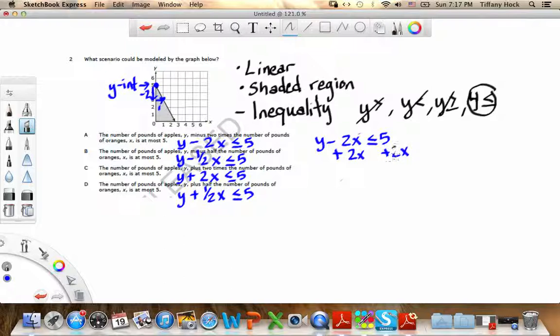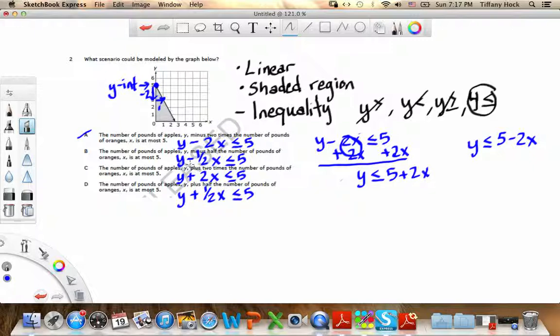Okay? So this first one would end up being y is less than or equal to 5 plus 2x. Now remember, the equation we were looking for is y is less than or equal to 5 minus 2x. Alright? So this is very close, but it's not going to be right because this is adding 2x. Okay? So that means A doesn't work.